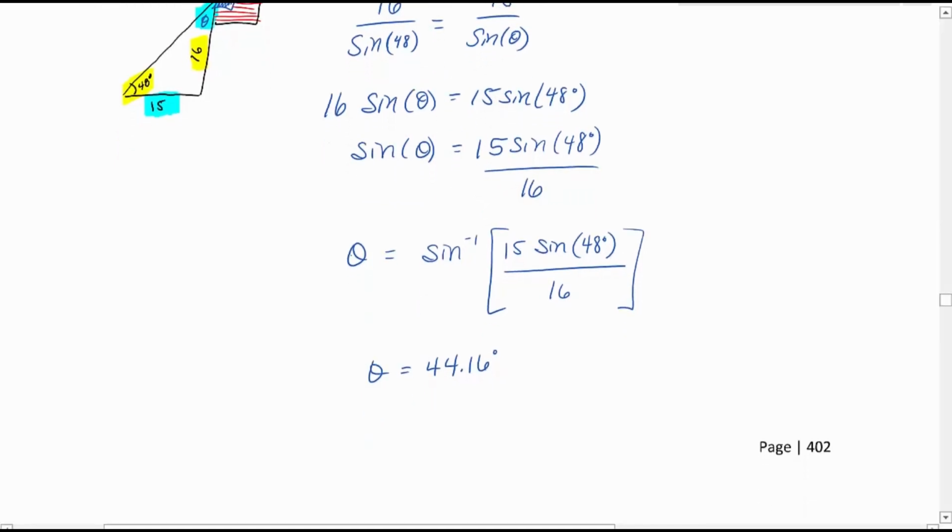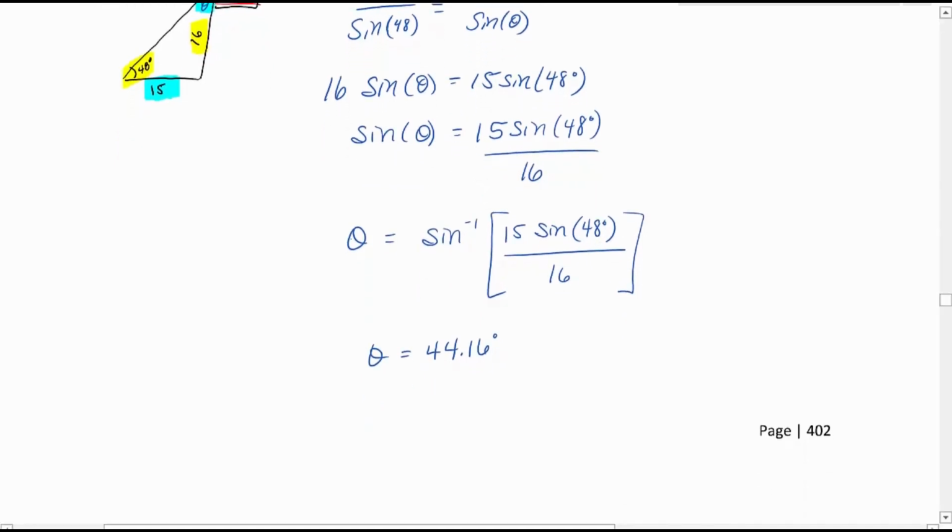Since this is the ambiguous case, it is possible that we have a second triangle, so we really do have to go through our second triangle test. To get our second theta, theta 2 is going to be 180 degrees minus theta 1. So theta 2 is going to be 135.84 degrees.